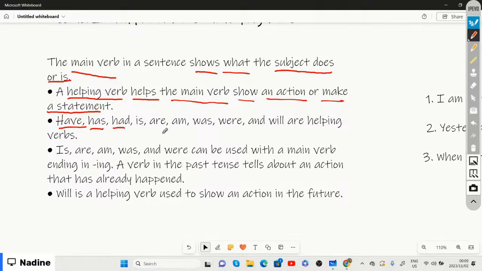Has, had, is, are, am, was, were, and will. These words that I just mentioned, have, has, had, is, are, am, was, were, and will, are helping verbs.